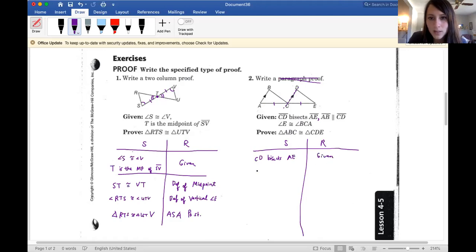And then I'm now going to say AC is congruent to CE. That's because of the definition of a segment bisector. It's cutting a segment, so it's a segment bisector. If it was cutting an angle, it would be an angle bisector.